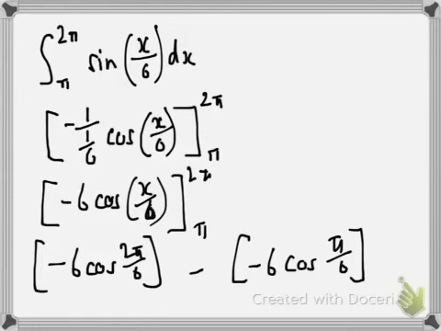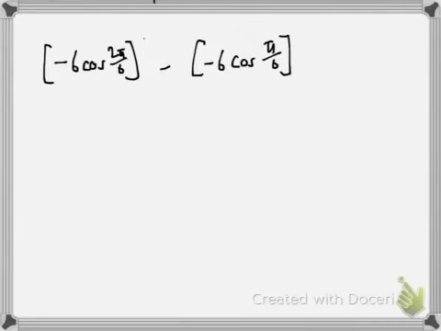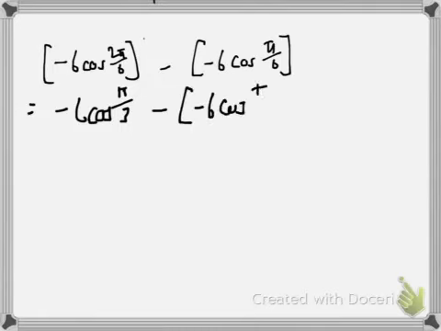And we'll copy that over to the next slide. Alright, now from here, it's negative 6 cos 2 pi on 6 is pi on 3, minus negative 6 cos pi on 6.